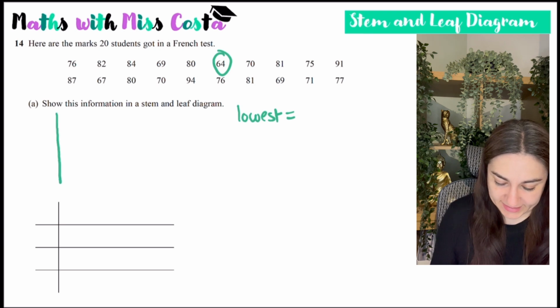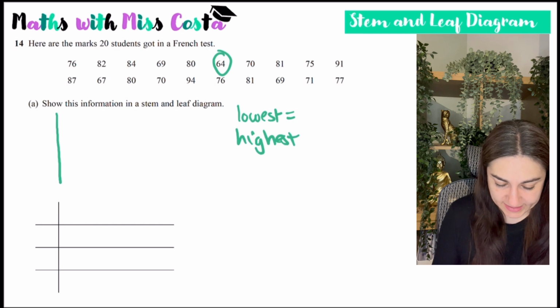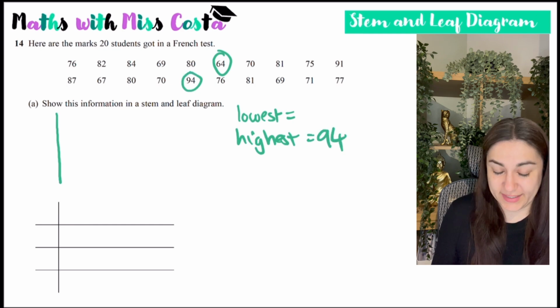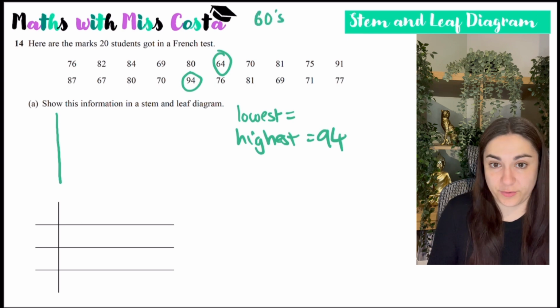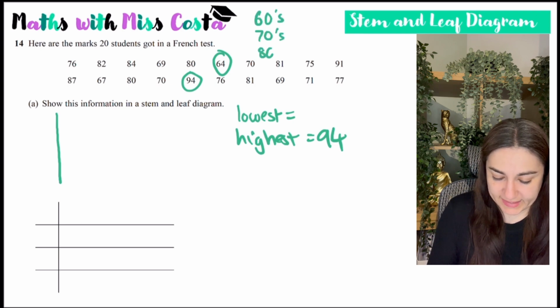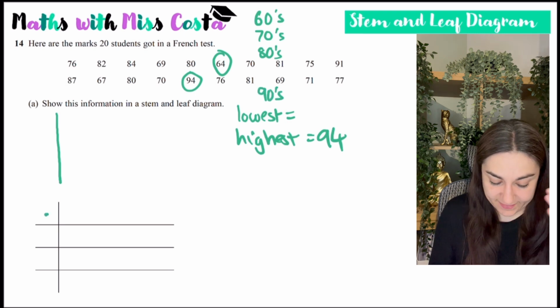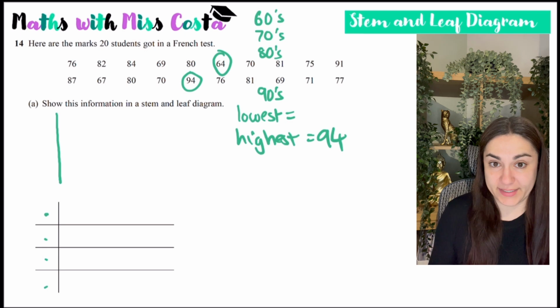So lowest number, let's say, is 64. Our highest number that I can just quickly see might be 94. So essentially I want numbers that are in their 60s through to your 90s. So numbers in the 60s, 70s, 80s and 90s. And conveniently, there's 4 spaces left for exactly that.